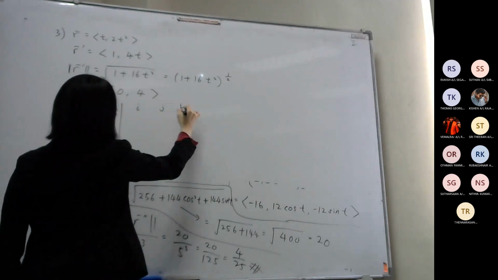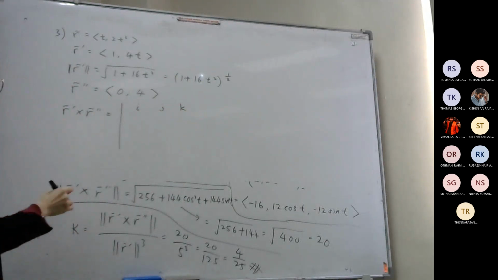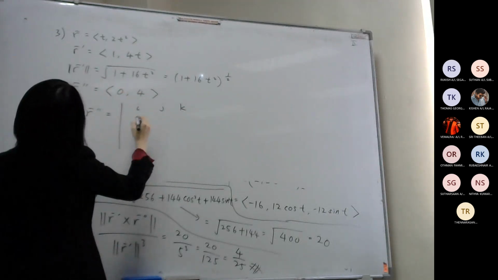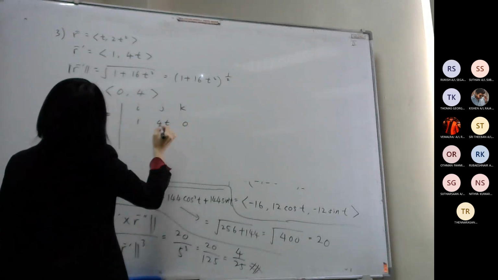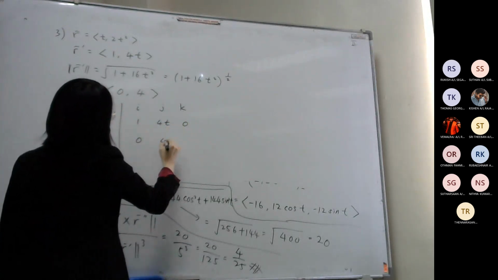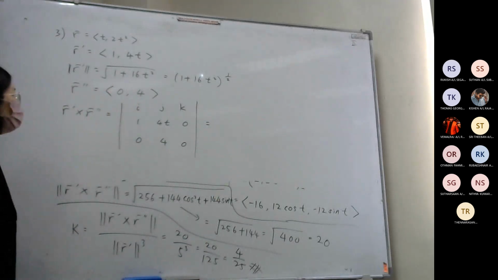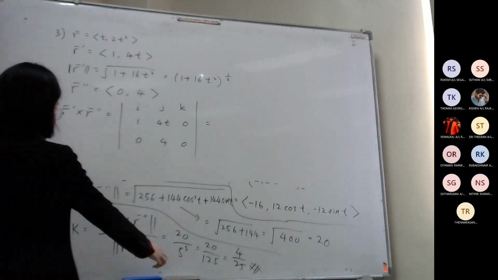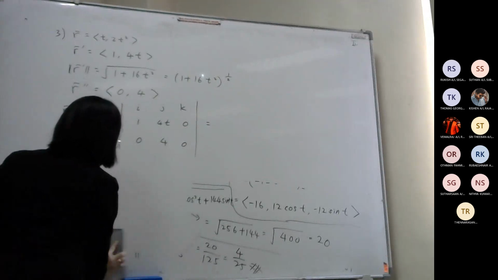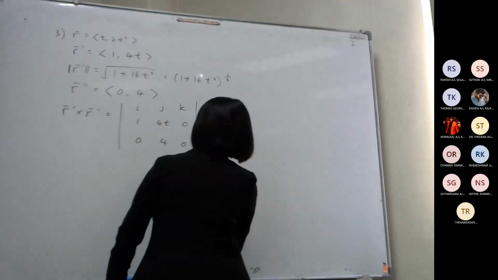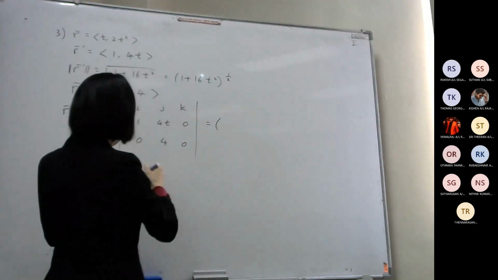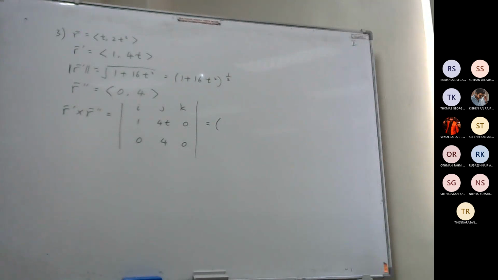For the cross product you have i, j, k. You must have three component functions in order to do the cross product. So r prime is 1, 4t, 0 and r double prime is 0, 4, 0. Insert the 0 component function for k. What is the component function of i? 0.